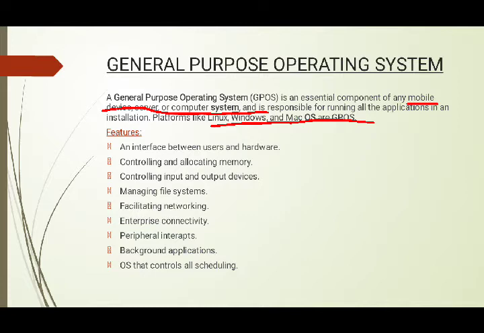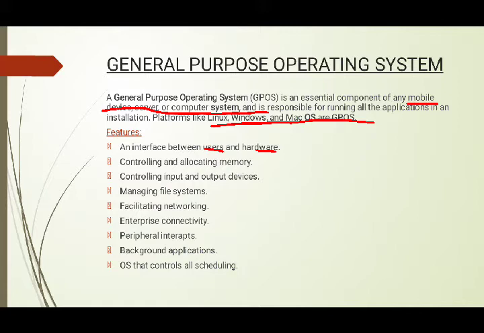There is an interface between users and hardware, controlling and allocating of memory, controlling input and output devices, managing the file system, facilitating networking, enterprise connectivity, peripheral interrupts, background applications, and an OS that controls all scheduling.